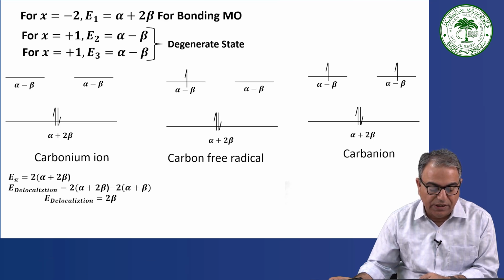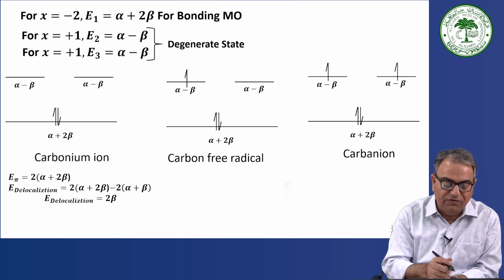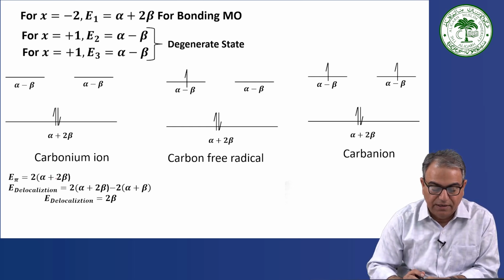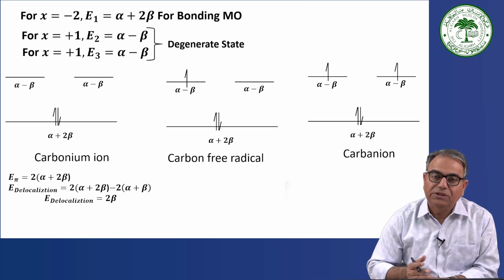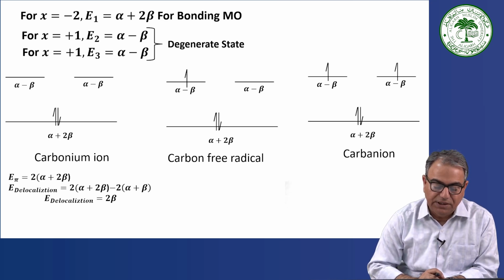Now, if you calculate the energy, then what do you get? Energy of the 2 electrons is 2 alpha plus 2 beta. Okay, and if both these electrons are present in an ethylenic bond, then what will be the energy? It will be 2 into alpha plus beta.